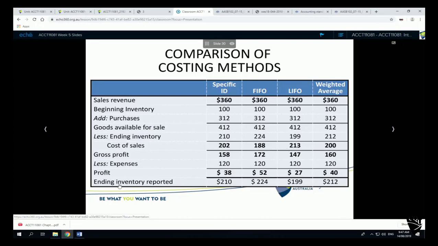Again, look at the value of ending inventory reported on our balance sheet. 210 for specific identification, 224 for FIFO, and 199 for LIFO. This is coming back to Maitland's line of questioning. The lower value on ending inventory in a period of rising prices. Is it suitable? And again, somewhere between these two is our weighted average ending inventory reported.